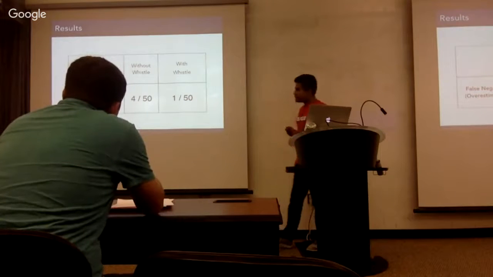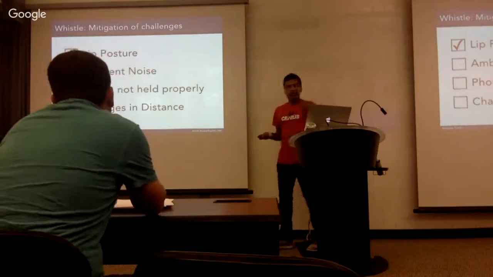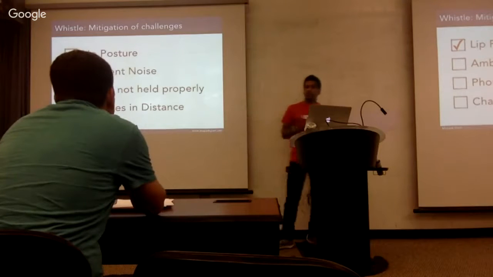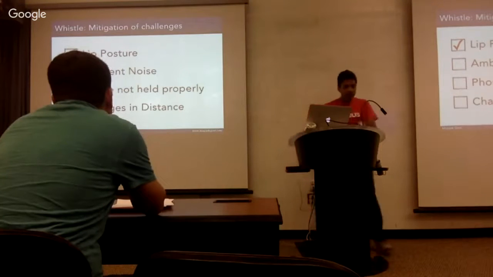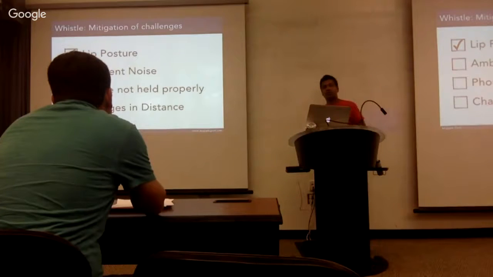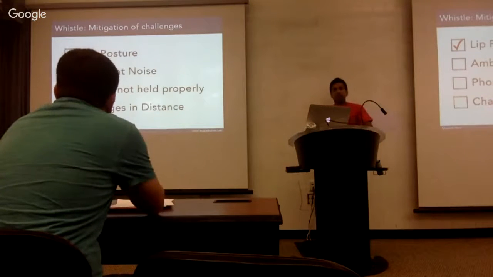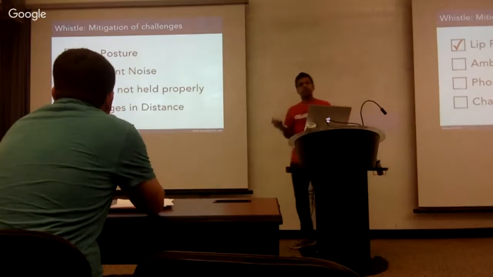In terms of challenges with the whistle, lip posture is no longer an issue because you have a mouthpiece, so you don't need to maintain it. Ambient noise is also not a big problem because you are using something that you know what it sounds like, and you are not relying too much on machine learning. When you use SpiroSmart without a mouthpiece or whistle, garbage in would result in garbage out. But with the whistle, you can have a slightly more controlled level.